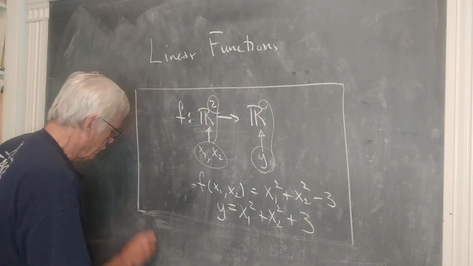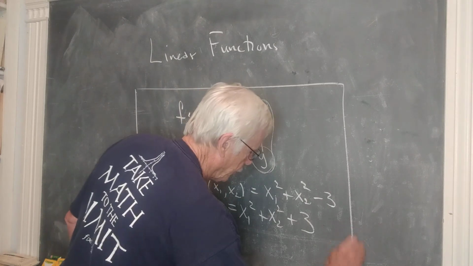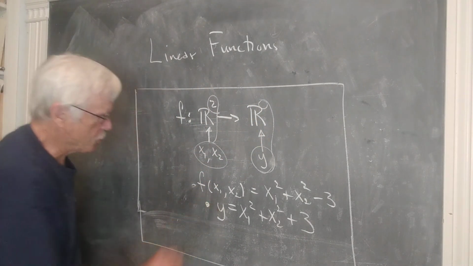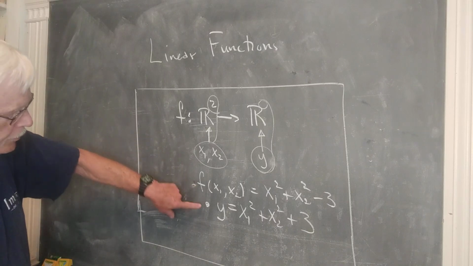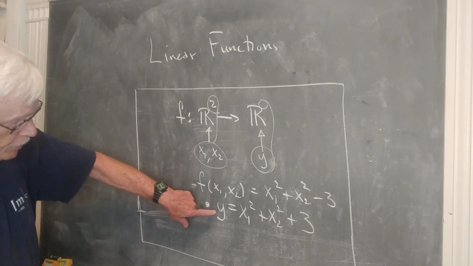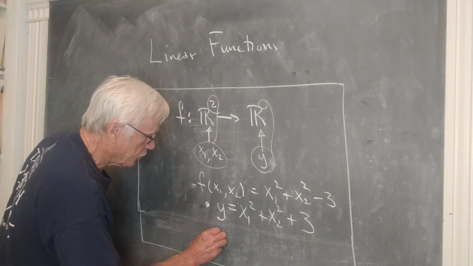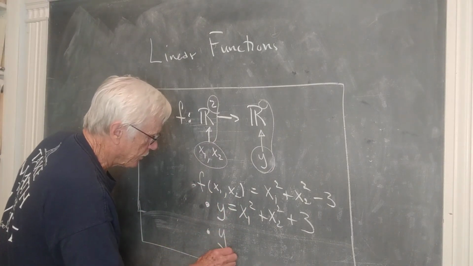So it's pretty obvious y is the function that you've seen before. So that's the first piece of information. This equation gives you the relation involving the range variable and the domain variables. It also tells you the following fact.